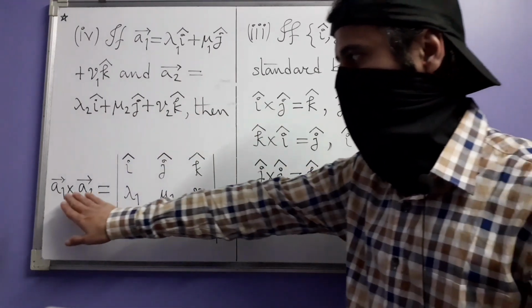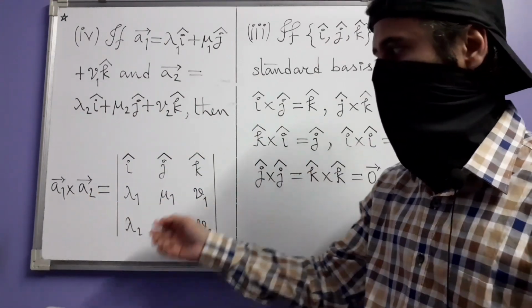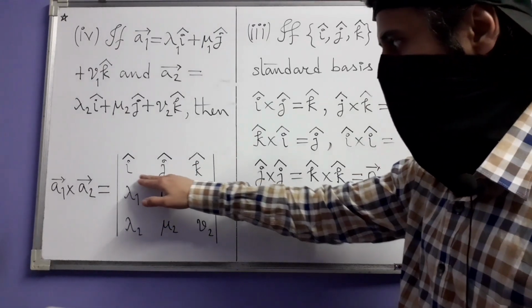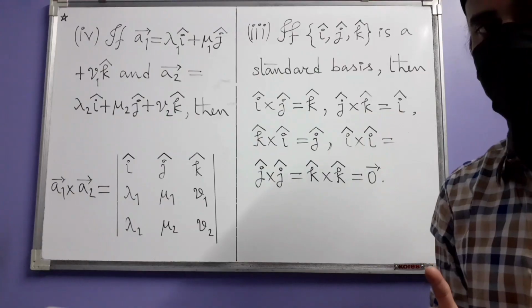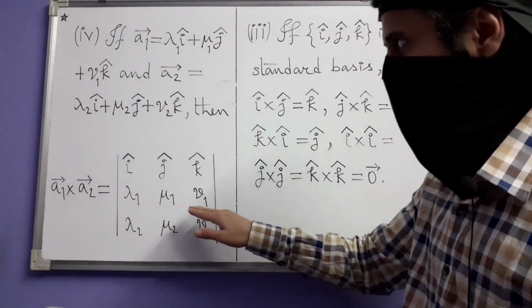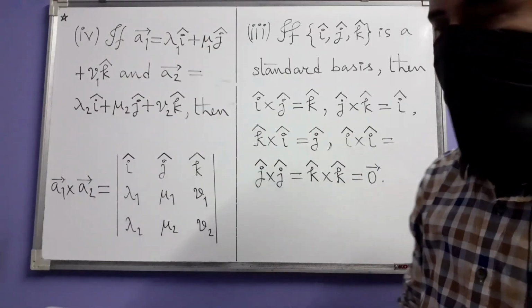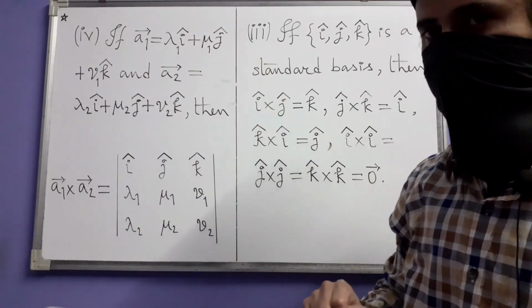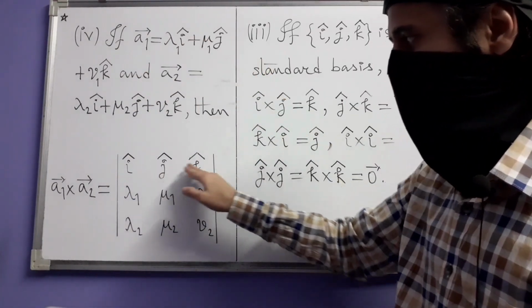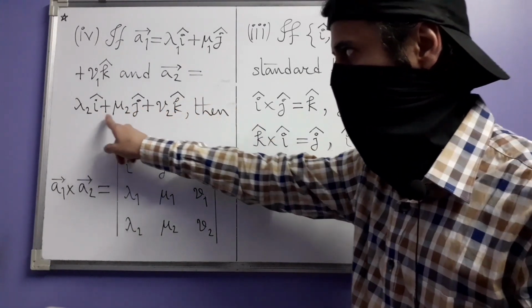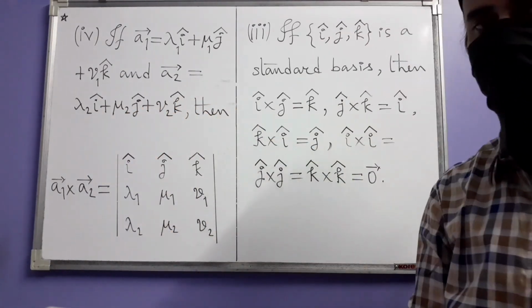Then the vector product of a1 and a2 is given by this determinant, where the first row consists of these standard basis vectors, the second row consists of the scalars or coefficients of a1 in the same order as i, j and k, and the third row consists of the coefficients of a2.